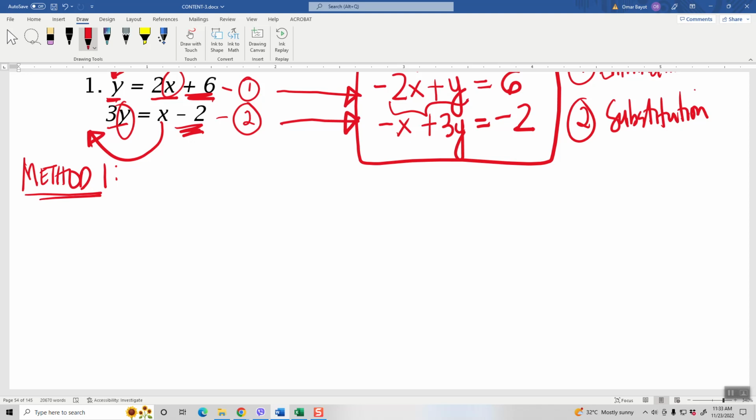Ano yung arranged equation natin? Negative 2x plus y equals 6. Negative x plus 3y equals negative 2.